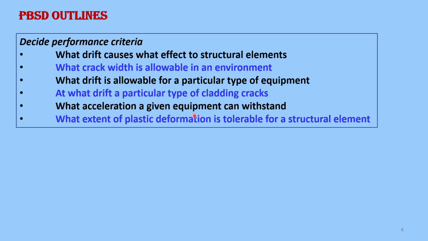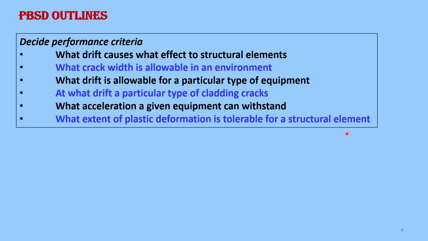What acceleration can the equipment withstand? Some equipment, as I said, are acceleration sensitive. So you have to decide what acceleration the equipment will be able to withstand, and then in the design you can take measures about that. What extent of plastic deformation is tolerable for a structural element? It depends on the functionality of the structure.